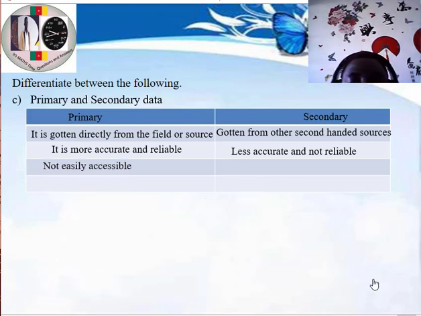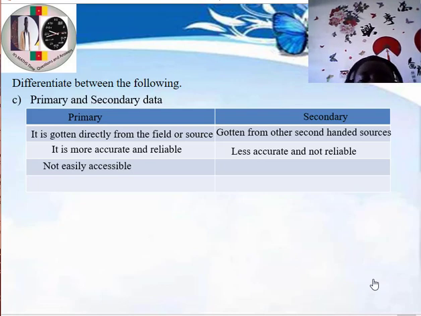The next point is that primary data is not easily accessible. Because we need to go down to the field, to the real horse's mouth, it is not easily accessible. You need to spend a lot of money and a lot of resources. But secondary data can be gotten from books and the internet and other sources like archives. You just read them there.